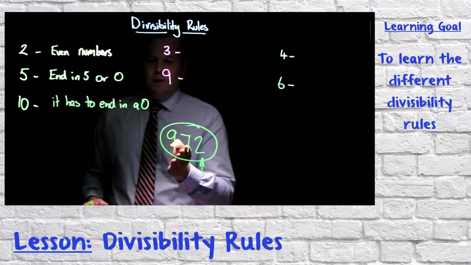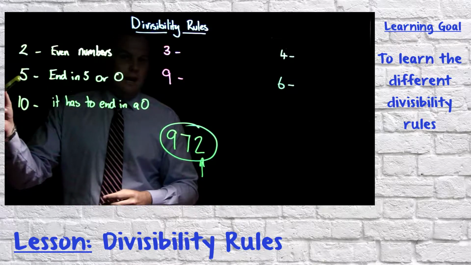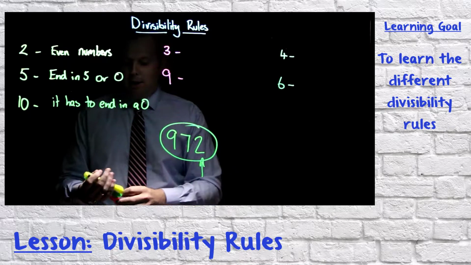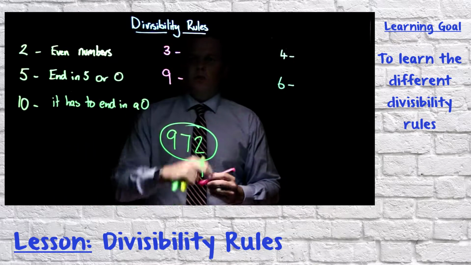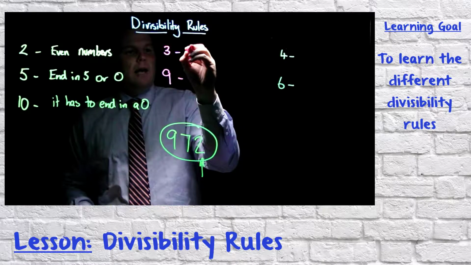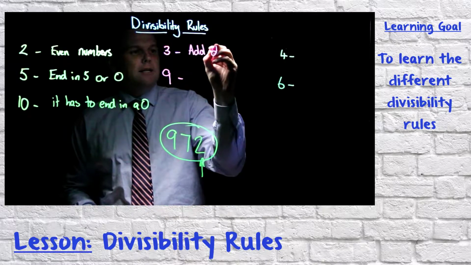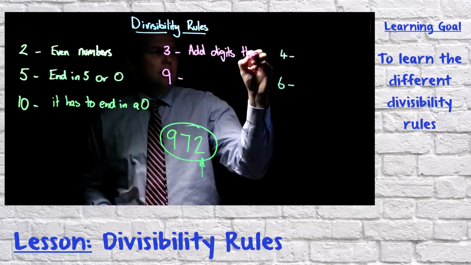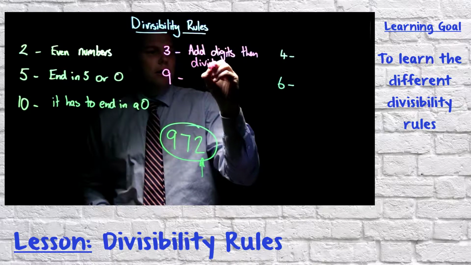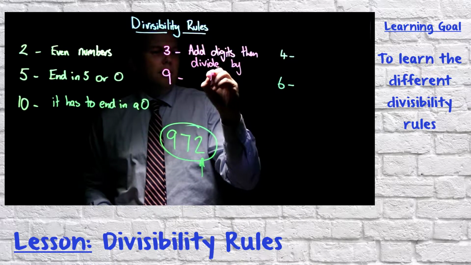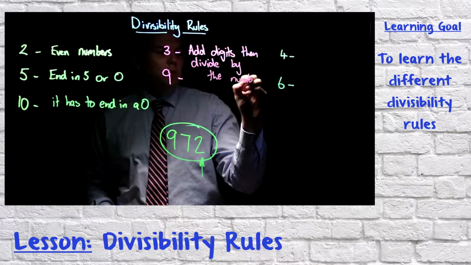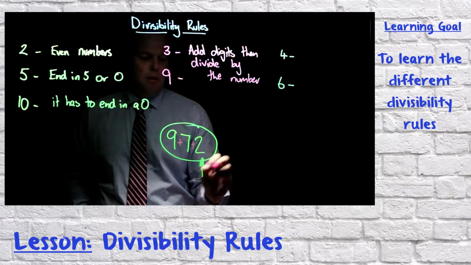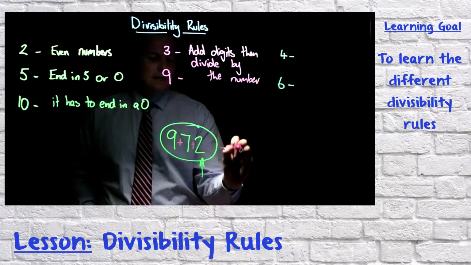So if we look at these ones with 972, obviously it can't be divided by 5 and it can't be divided by 10. Now 3 and 9 are really similar, and they're really good rules. Basically what we do is we add up the digits and then divide by the number. So we do 9 plus 7 plus 2, which gives us 18.